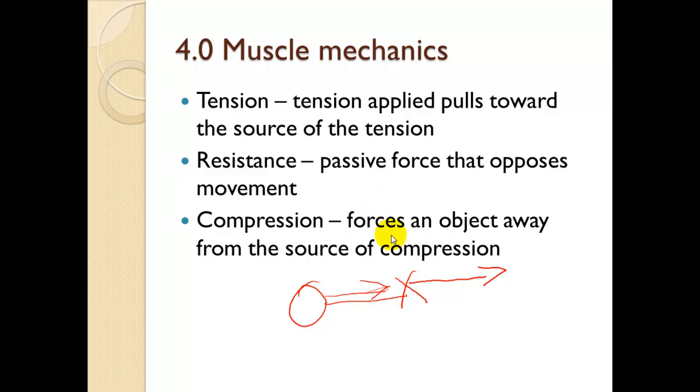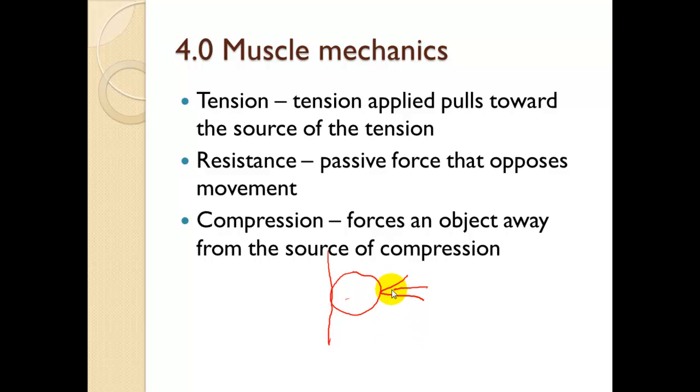Resistance. Passive force that opposes the movement. So the resistance that I would feel would be the weight of the rope and the weight of the ball that's attached to it. Compression. Forces an object away from the source of compression. So, let me erase this. Compression would be if there was a ball here and a wall, and I pushed in this direction.